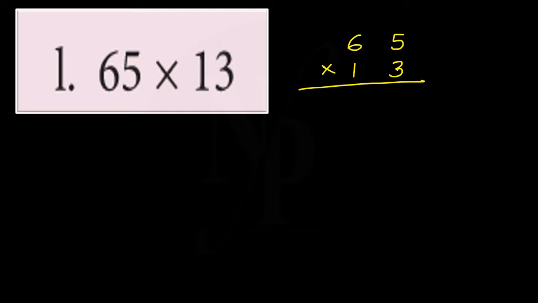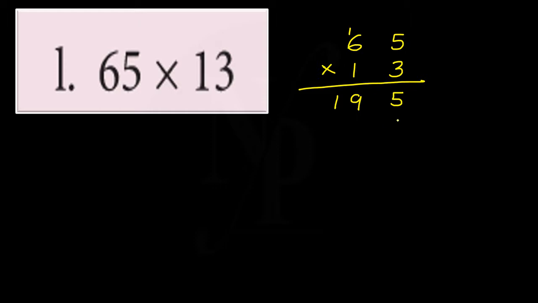Multiplication will be as usual. So 3 5s are 15. We write 5 here. 1 is carried forward to tens place. 3 6s are 18. 18 plus 1 is 19. 195. So now we multiply 65 by 1.